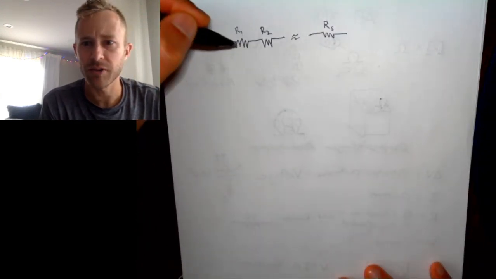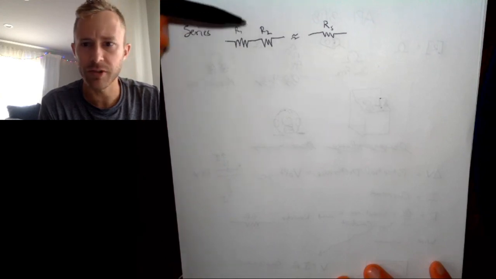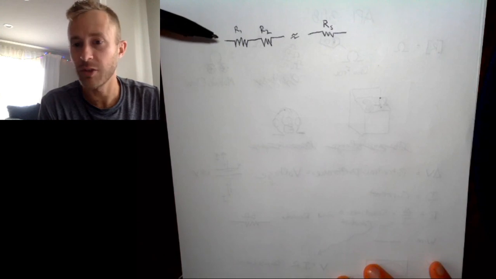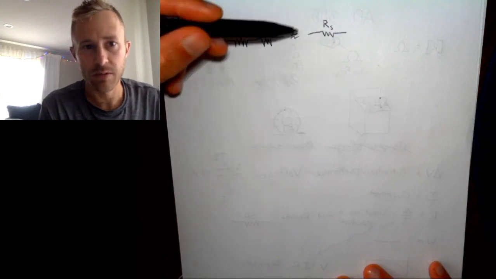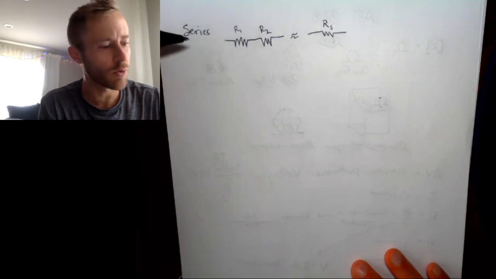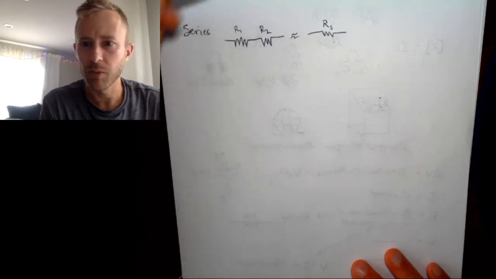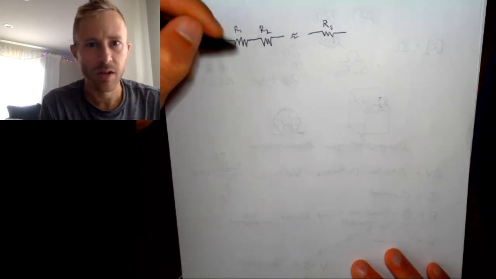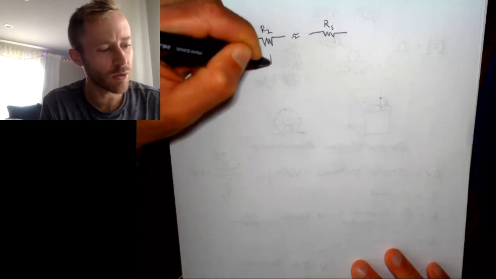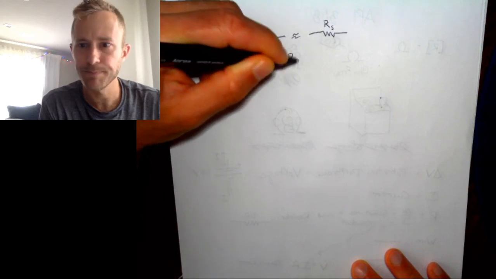So I was saying that two resistors in series is equivalent to a single resistor. There's a really nice formula for the total resistance. It's R sub S equals R1 plus R2.